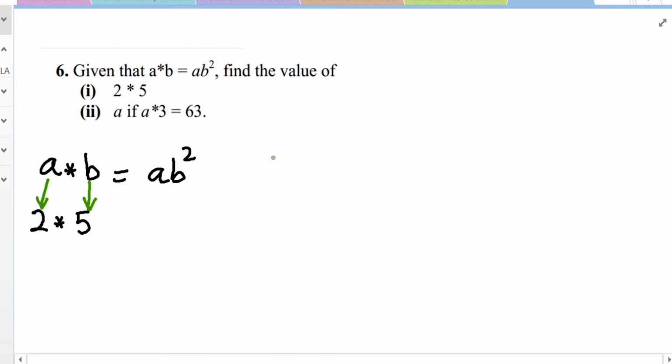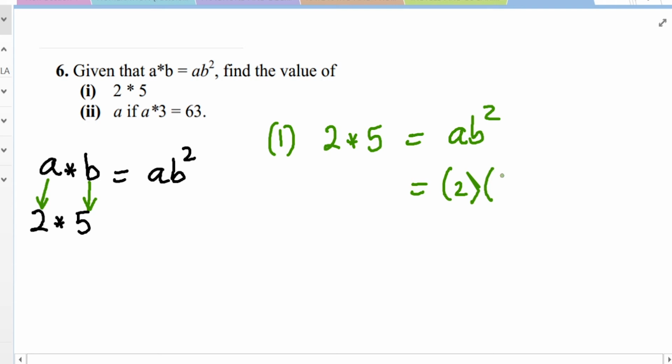So it means that 2 asterisk 5 is ab squared. Our value of a is 2, so it is 2 times our value of b, which is 5, 5 squared. So that is going to be 2 multiplied by 5 squared, which is 25, and our answer here is 50.